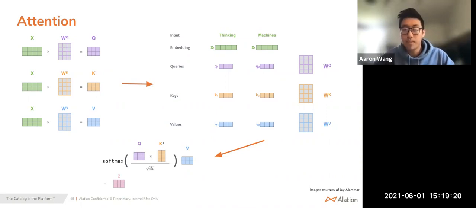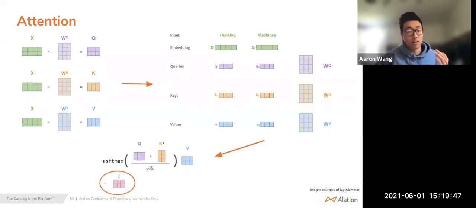Then we do some scaling, dividing by some number to make sure the numbers are small enough. We softmax it to get the numbers between 0 and 1, and then we multiply by V. You can think of V as our original input, and we're trying to weight or filter out what is important to attend to for every word.